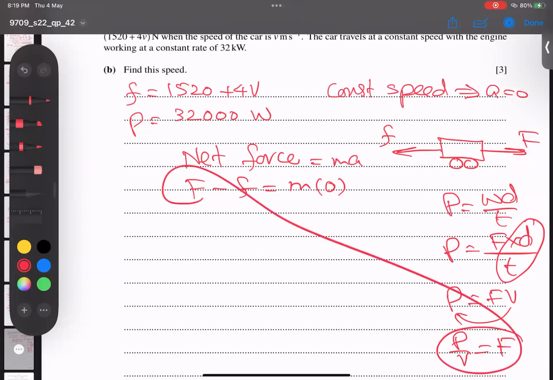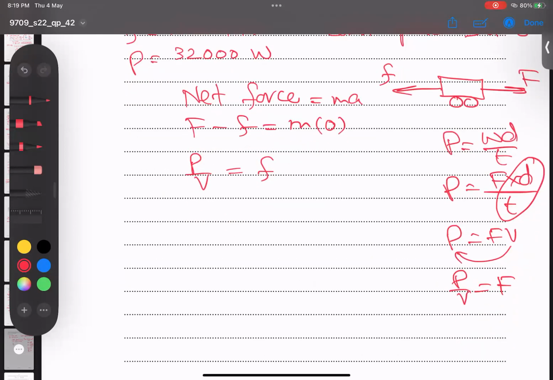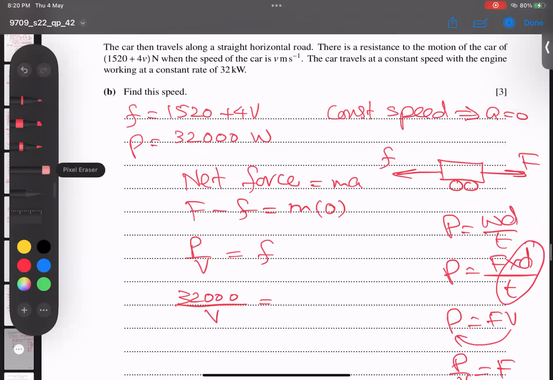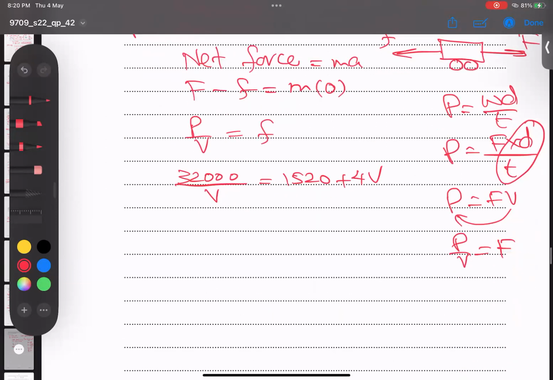Because I have the power. So power by V, and this is zero, and friction I will bring to the right hand side like this. Power is what, students? 32,000. V is unknown. Friction force, I got it: 1520 plus 4V.